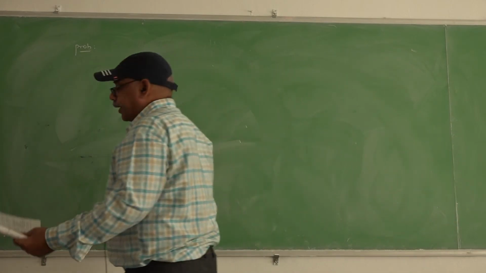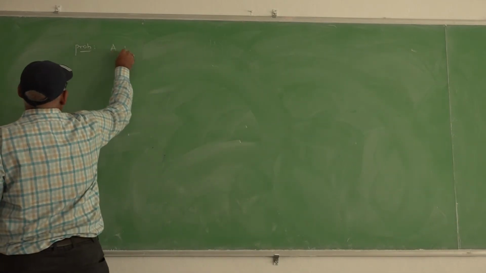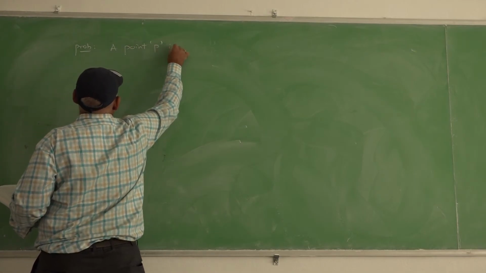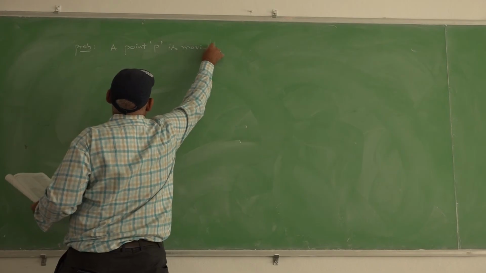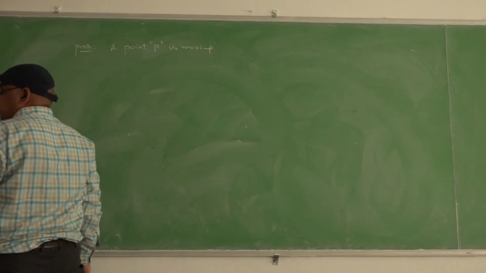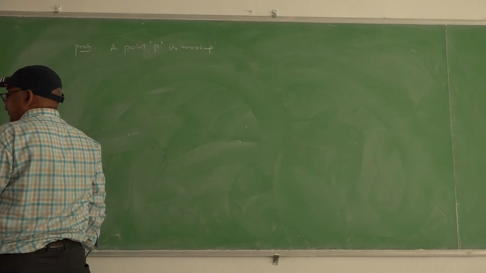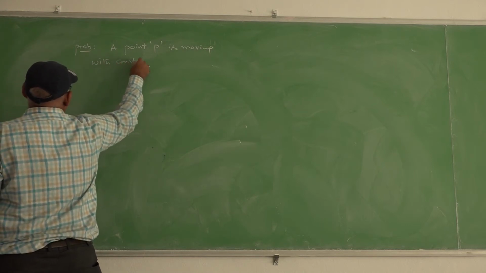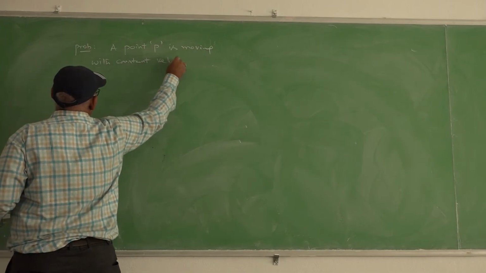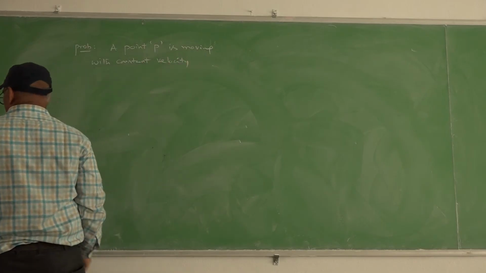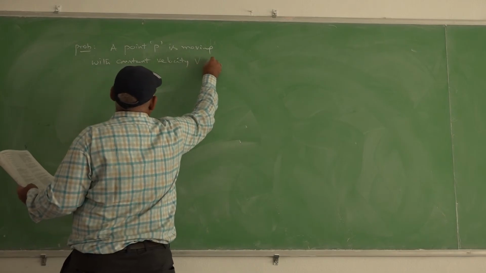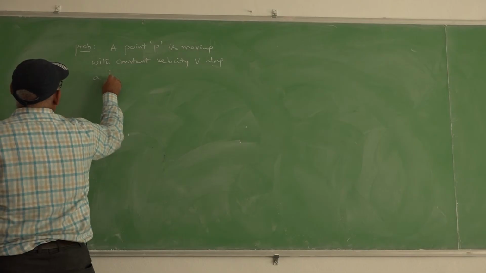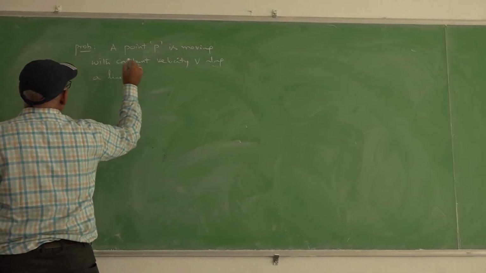A point P is moving with constant velocity V along a line AB.